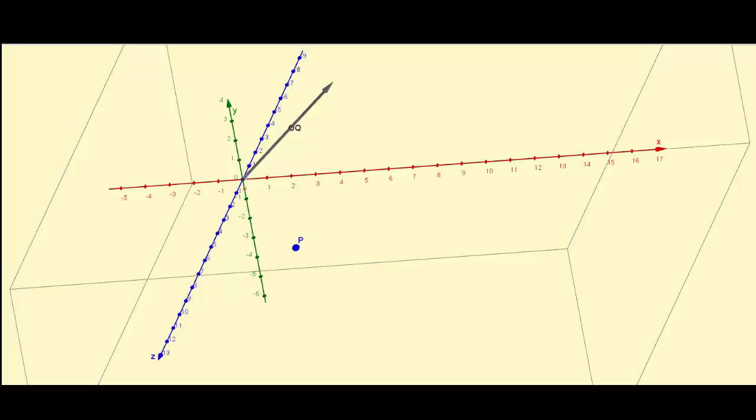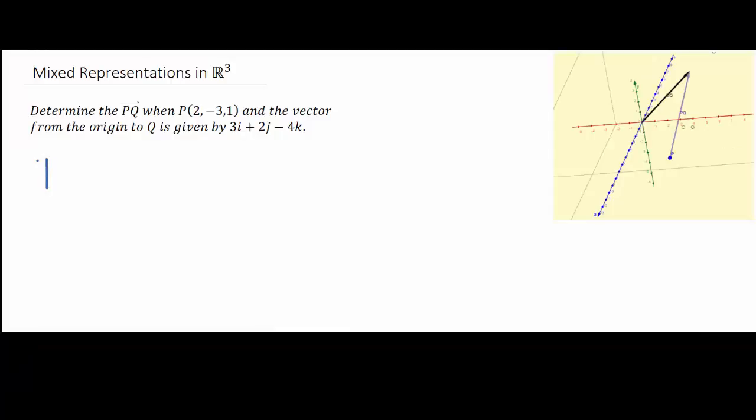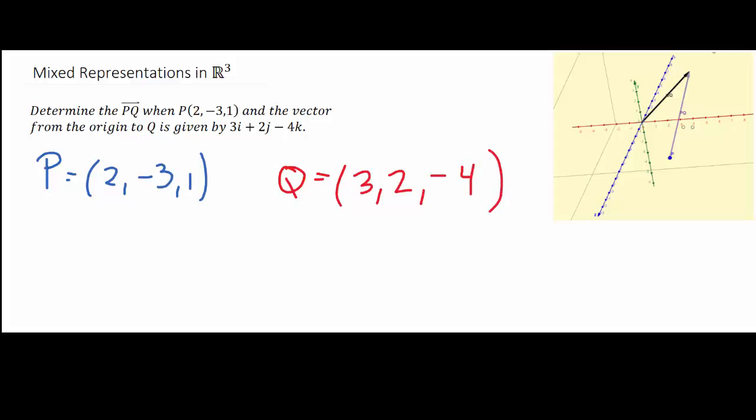What I want to find is the vector pq from the point P to the point Q. I have the point P given by 2, -3, 1, and the point Q could be given by the point 3, 2, -4.